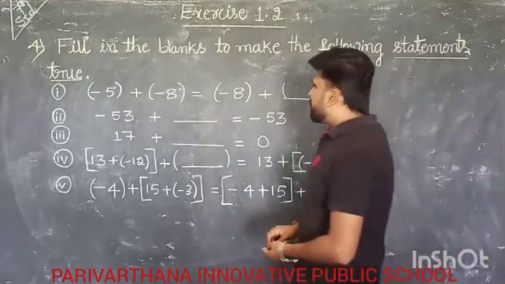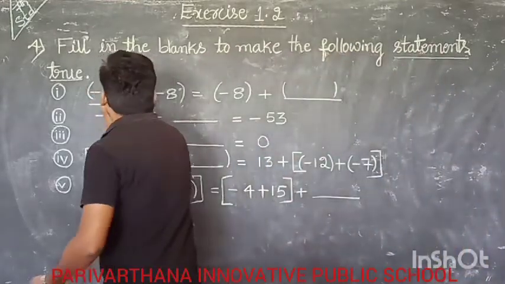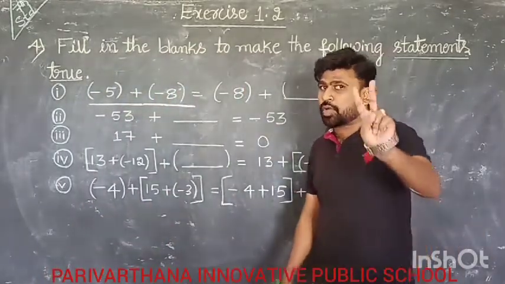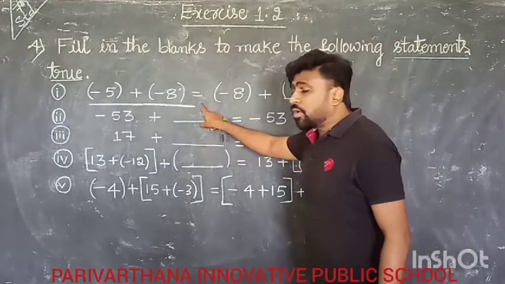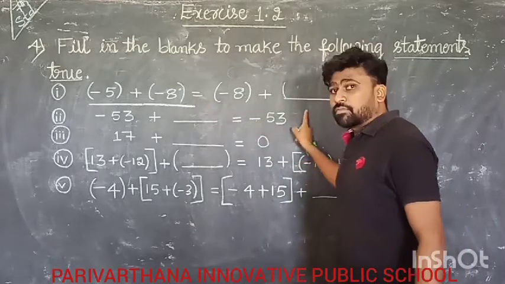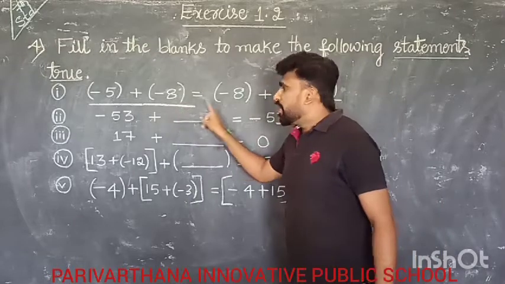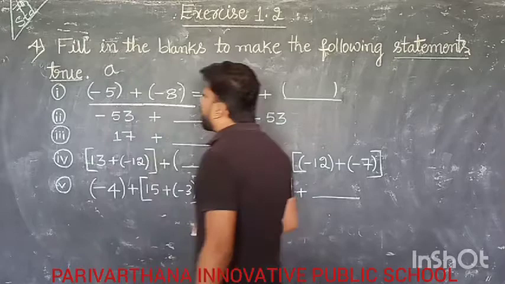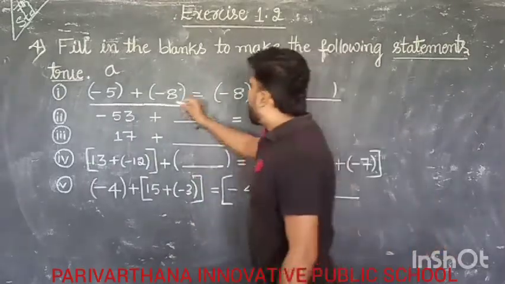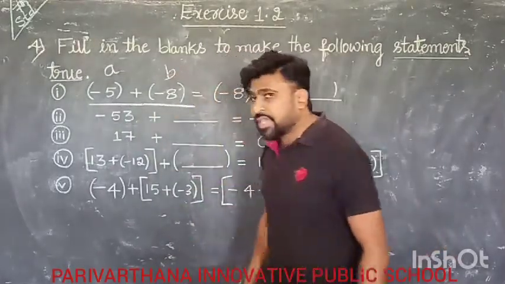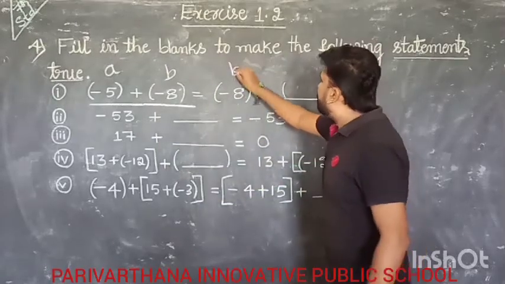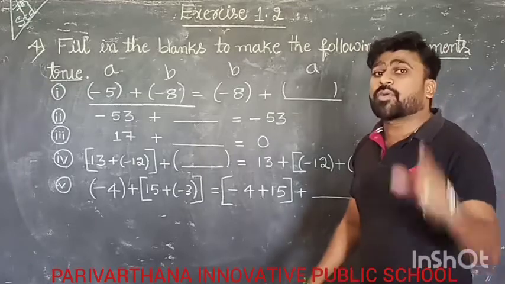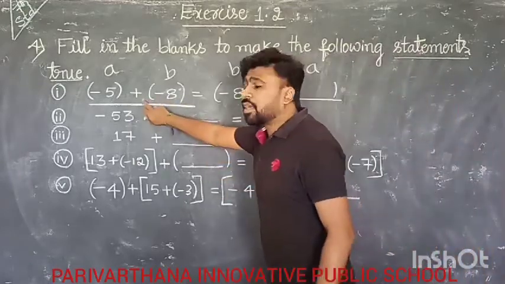The first one, see here. Minus 5 plus minus A, two numbers. Clear? Is equal to again two numbers. Here A plus B is equal to B plus A. Minus A minus 5 we have taken as A and minus B we have taken as B. That means it becomes B plus A. It is nothing but commutative property under addition.